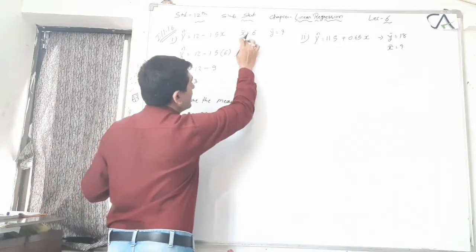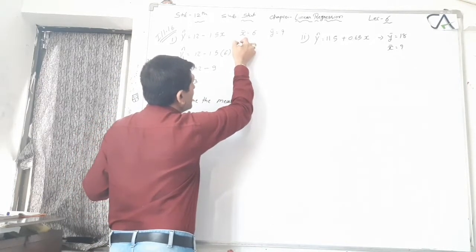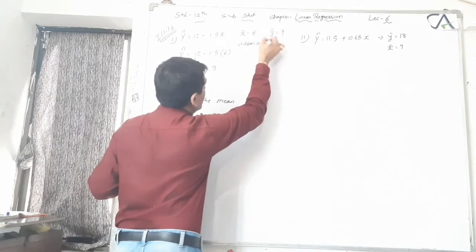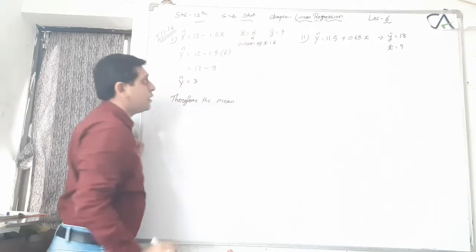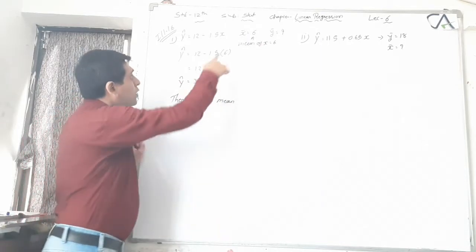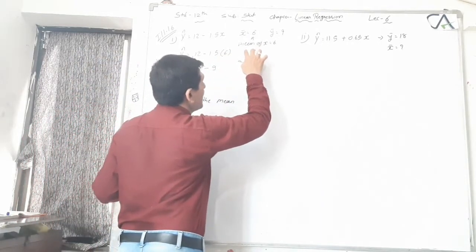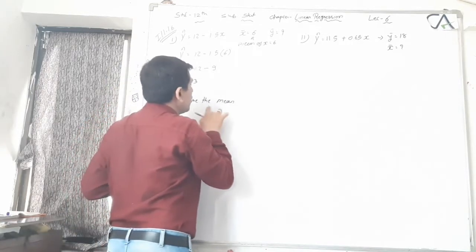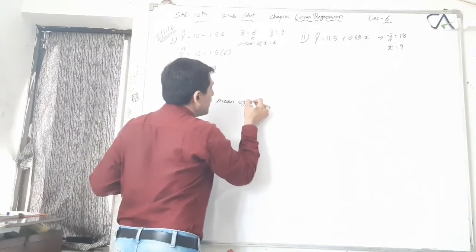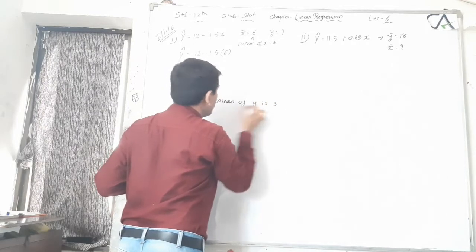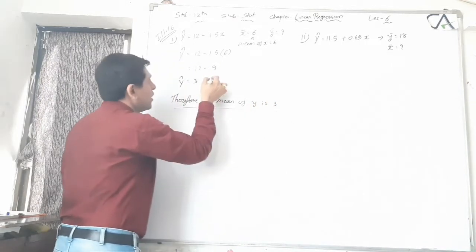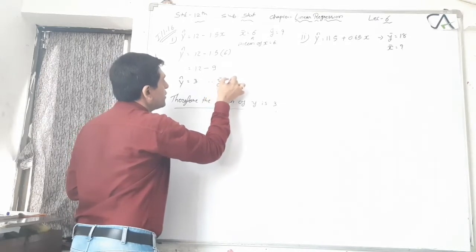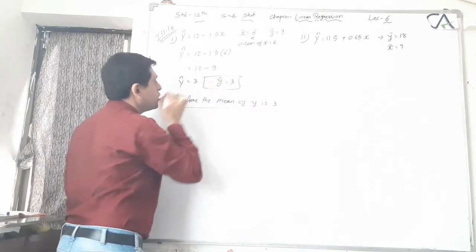It is not given as x bar is equal to 6; it is given that mean of x is equal to 6. I convert that into x bar. Whenever your question says mean of x, you have to write the answer like that also. Therefore y bar is equal to 3 is your answer.